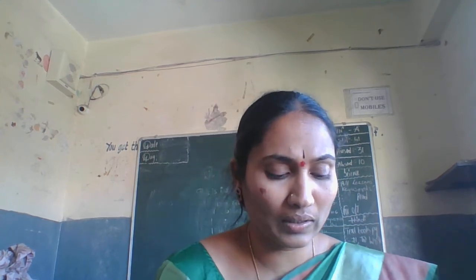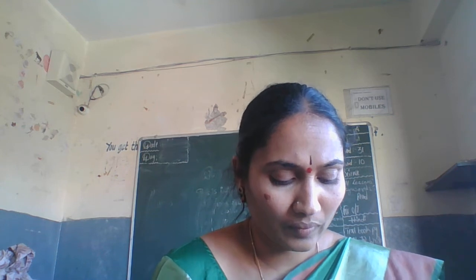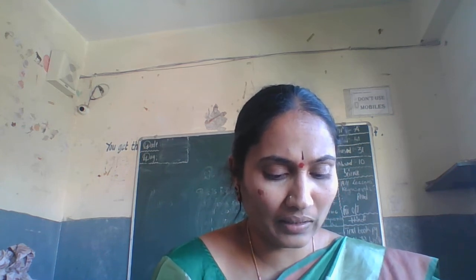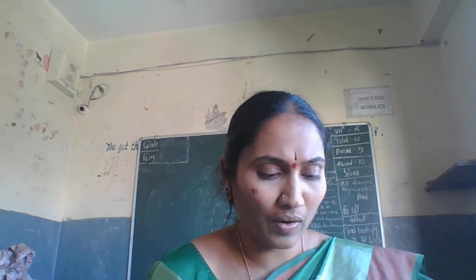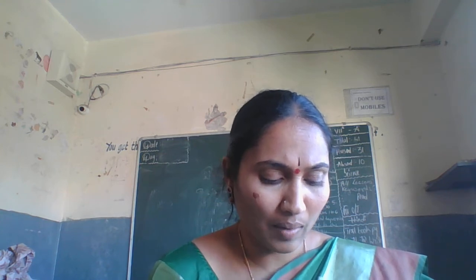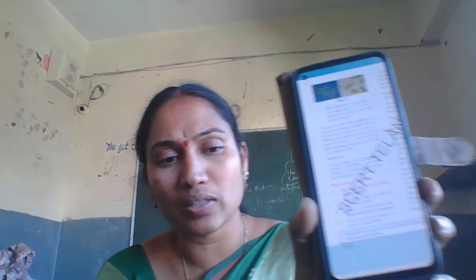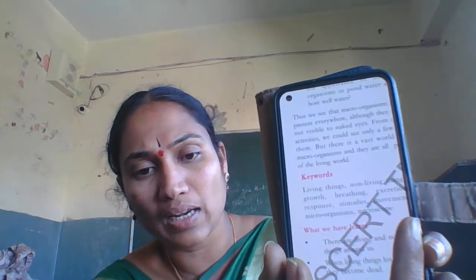Okay, today's homework is to write keywords from the textbook, page number 175. Living things, non-living things, growth, it is there in your textbook, no? Your textbook keywords are like this.